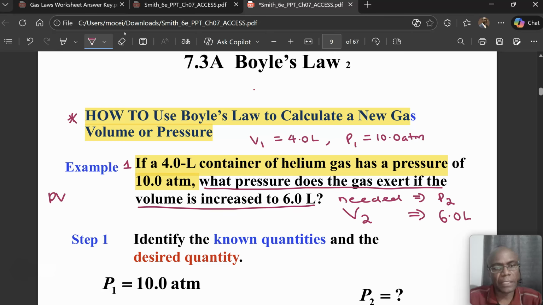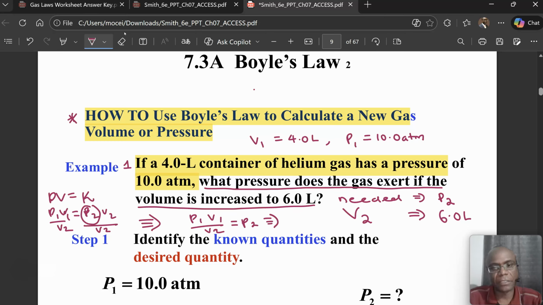So we do know that PV equals K. So P1 V1 must be equal to P2 V2, because it's always a constant when you multiply those two. What I need is P2. So I can divide both sides by V2, and the new expression is P1 V1 over V2 equals P2.